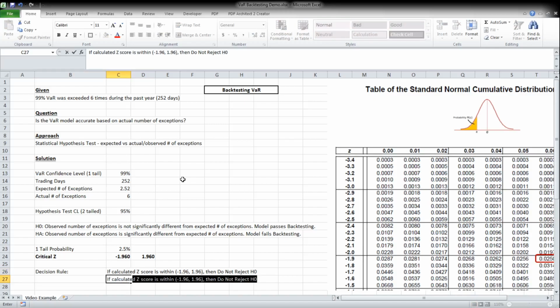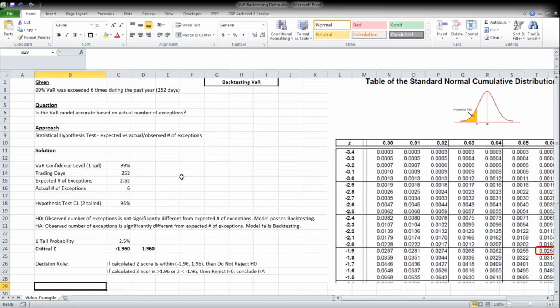If the calculated z-score is outside of the acceptance region, meaning it's greater than positive 1.96 or less than negative 1.96, then we reject our H naught and we conclude that the alternate hypothesis, HA, is true.